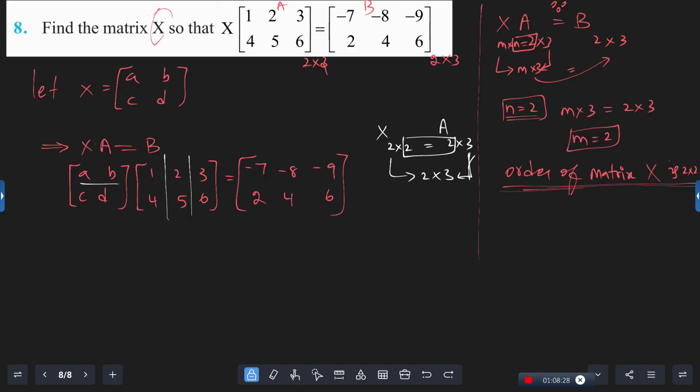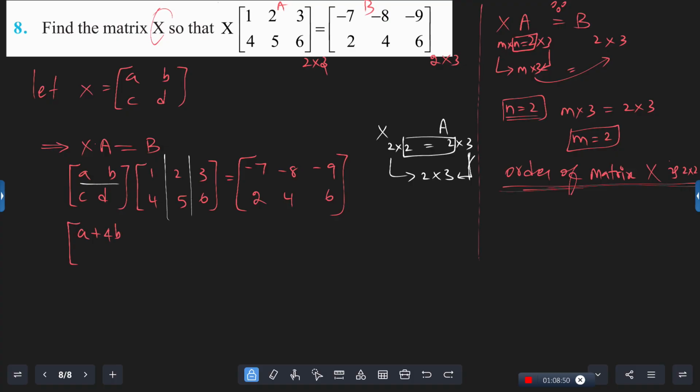So let's multiply. We'll see what we are getting. First row, first element with the first element: a into 1, a. Second element with the second element: b into 4, 4b.